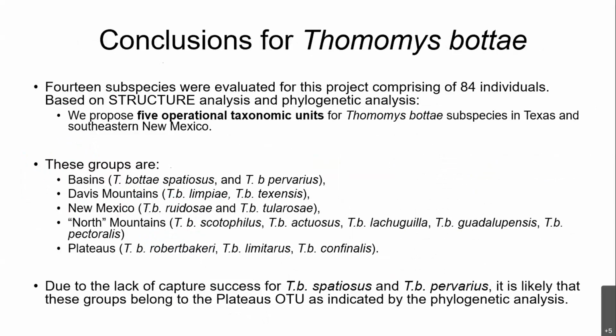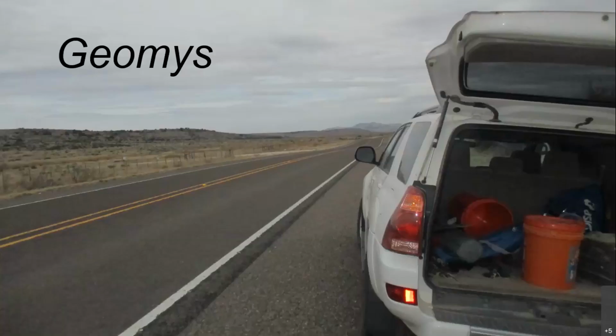Again, the groups, not going to read through them, but due to the lack of capture success for Spatiosus and Pervarius, which are down there in Presidio and Brewster counties, it is likely that they could belong to the Plateaus OTU, or that even Limitaris could belong to the Basins OTU. Those are groups where there were intermediate levels of genetic diversity between them. All right, so that's the Mummies.